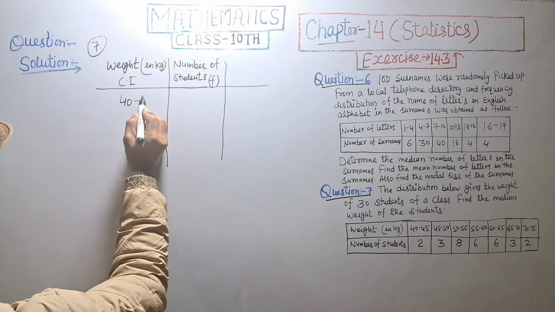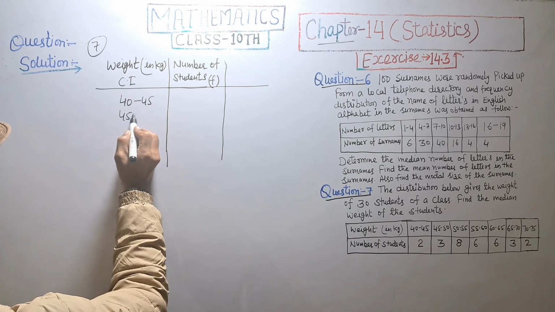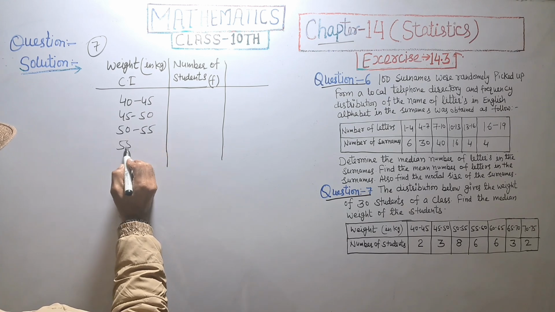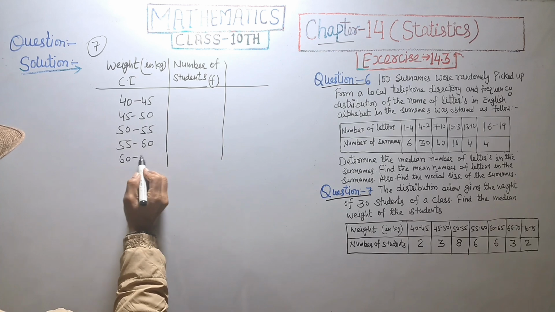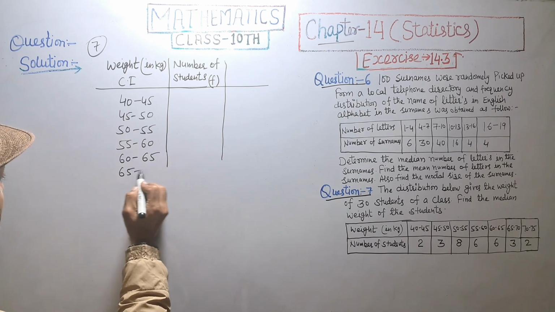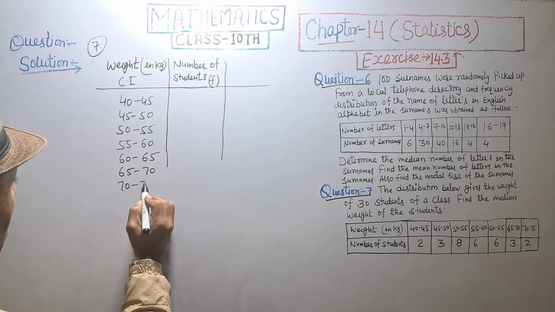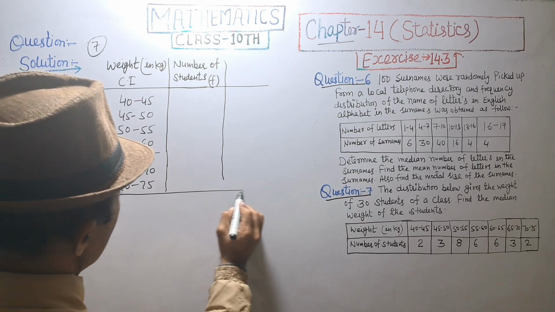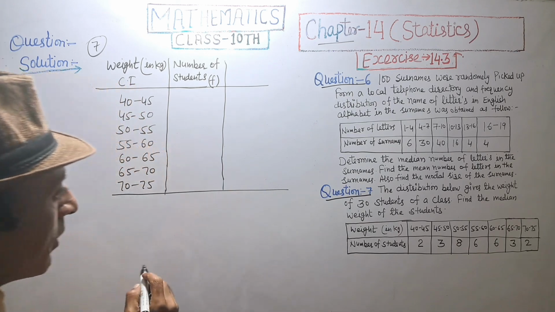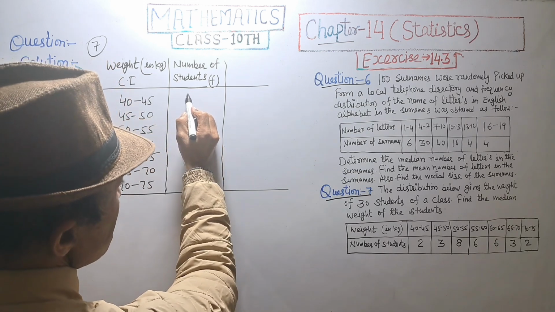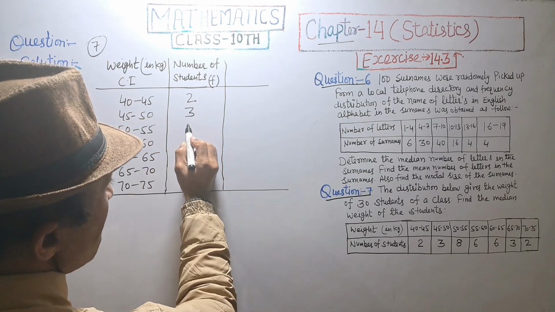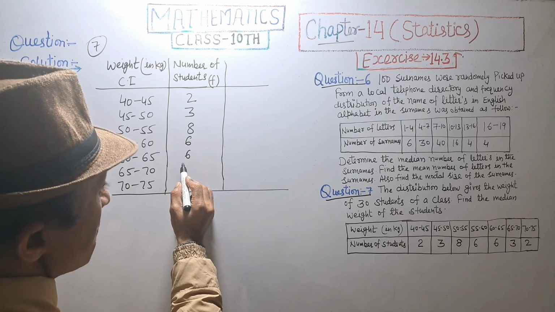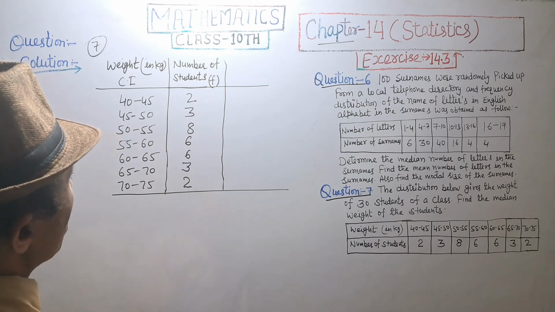Class intervals are 40 to 45, 45 to 50, 50 to 55, 55 to 60, 60 to 65, 65 to 70, 70 to 75, and frequencies are 2, 3, 8, 6, 6, 3 and 2.